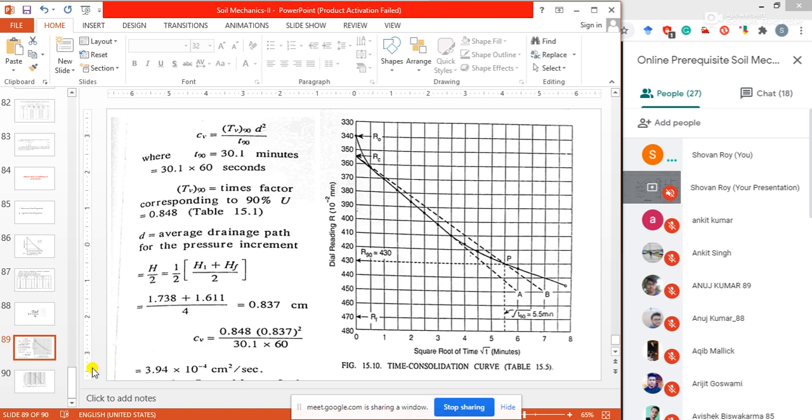After finding this CV value, as already mentioned, T90 equals 30.1 minutes, so T90 is actually 30.1 into 60 seconds.